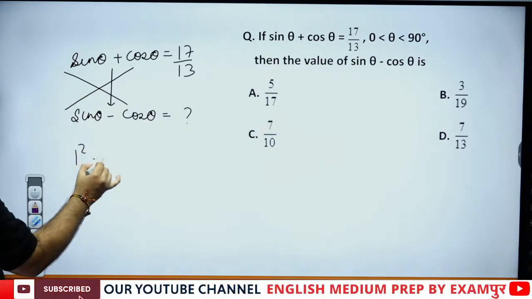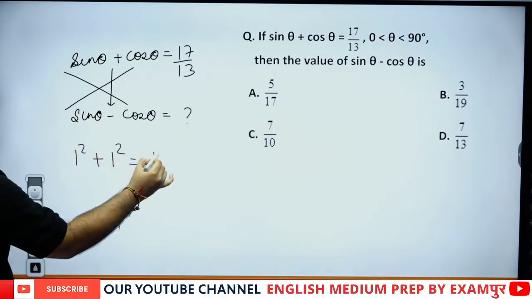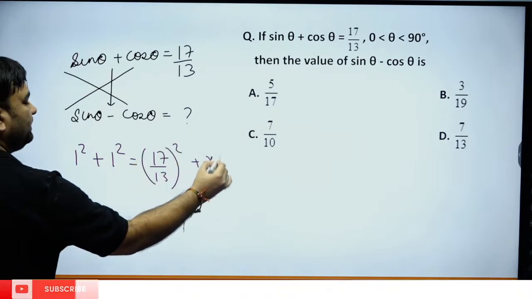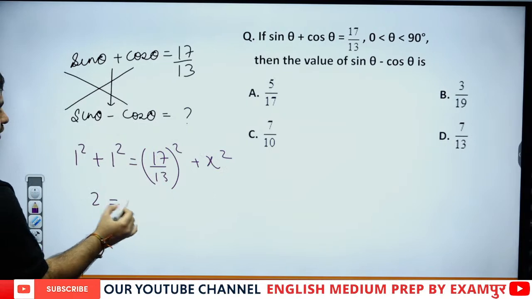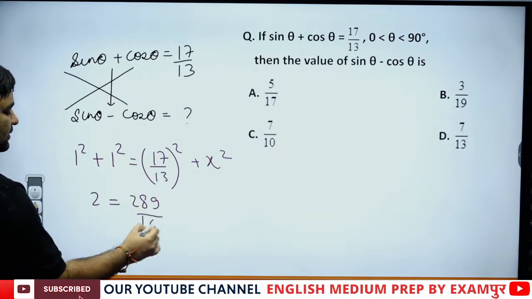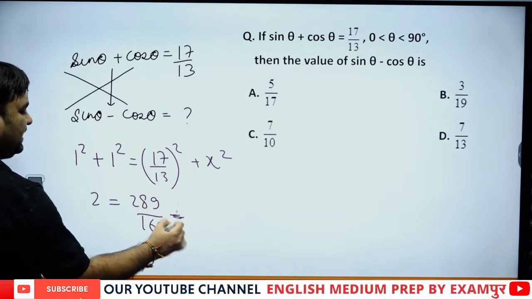the sum of squares of coefficients: 1 square plus 1 square is equal to (17 by 13) square plus x square. So 2 is equal to 289 upon 169 plus x square.